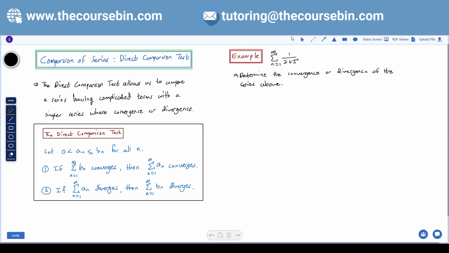If that series converges, then we've met conclusion 1, because conclusion 1 says if you can come up with a larger series, B sub n, that converges, then that means the smaller series converges, right?